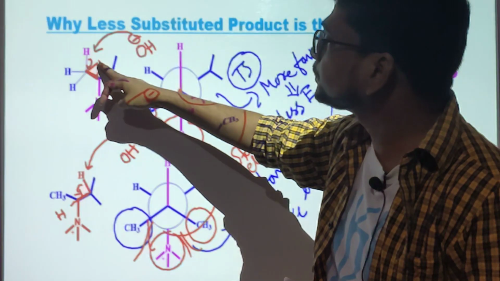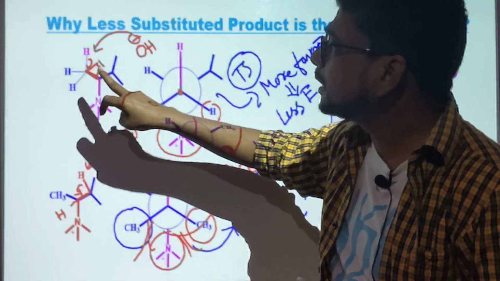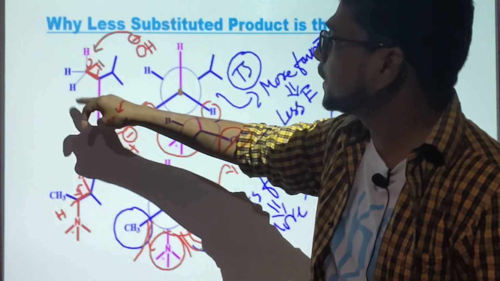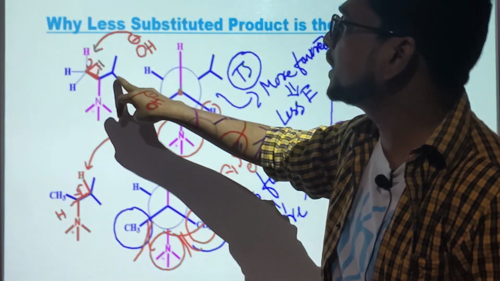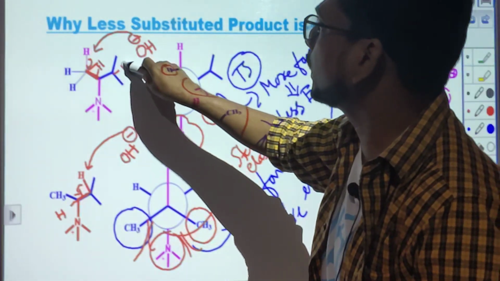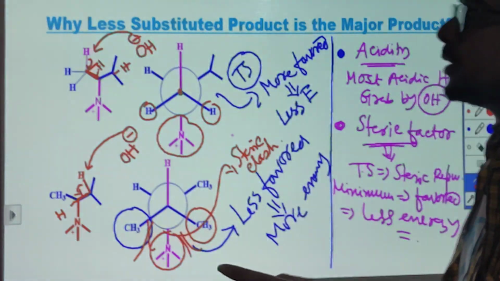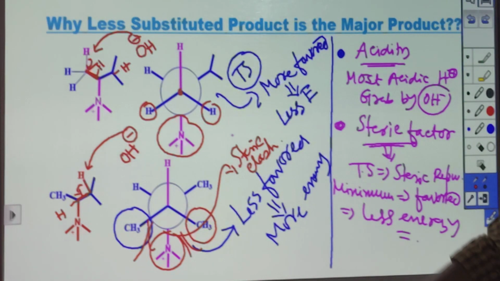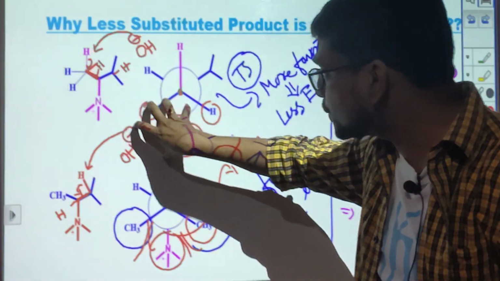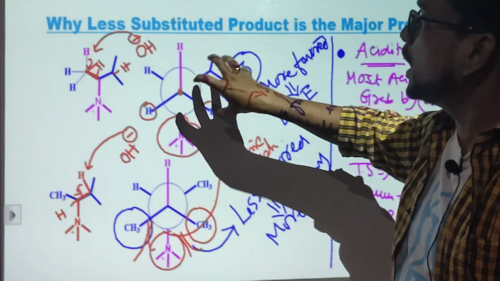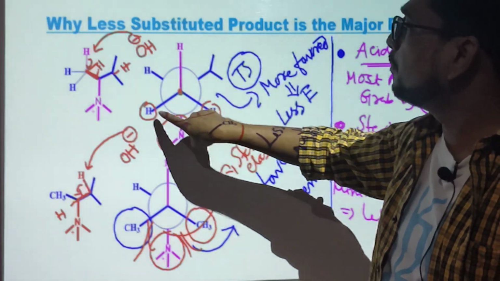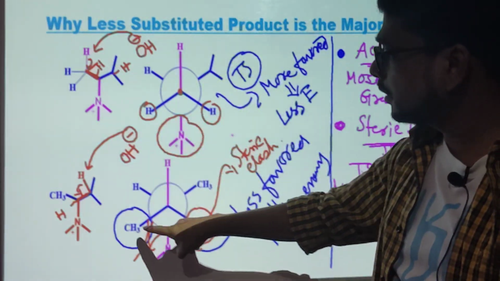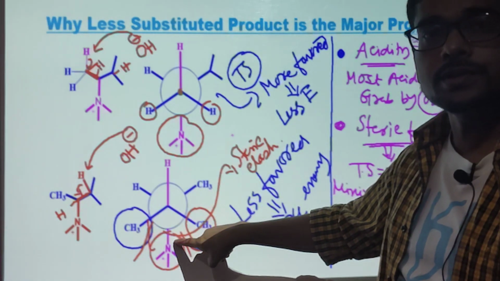From here you will get the less substituted product: CH2 double bond CH, CMe, H. One more H will be here. So this is the reason why the less substituted product is the major product: in the transition state it has lower energy because of minimum steric repulsions. Here there are very high steric repulsions. Okay, done.